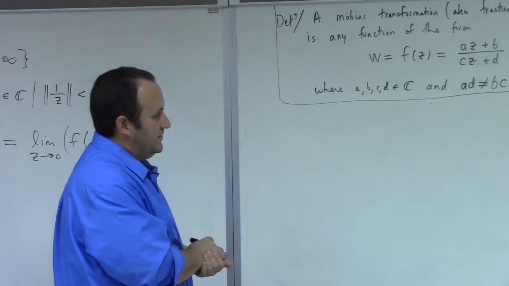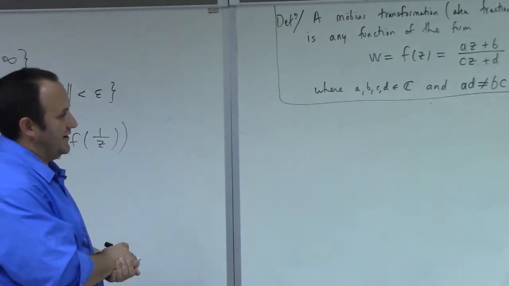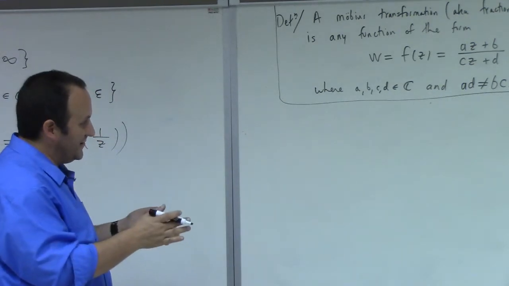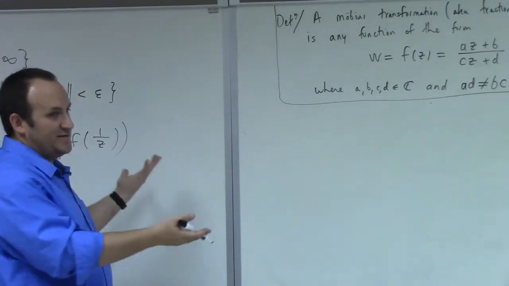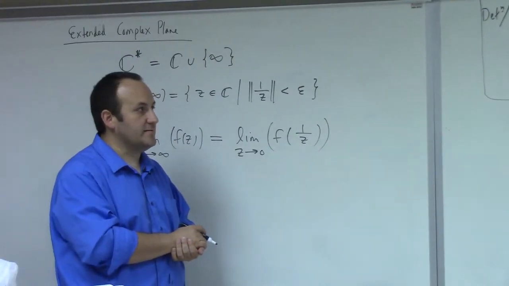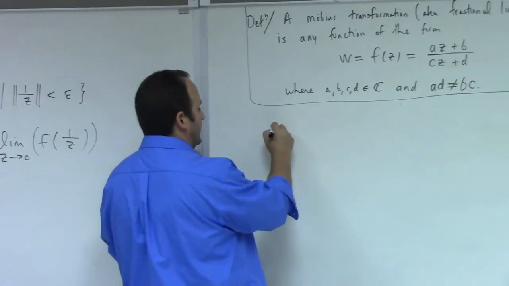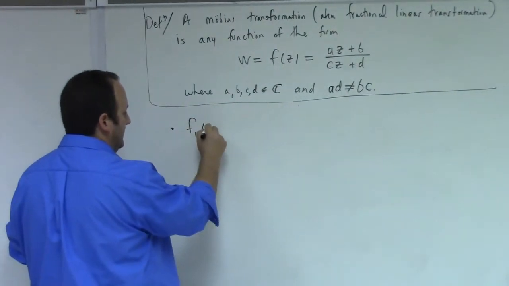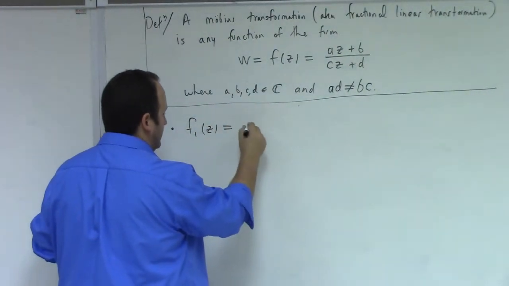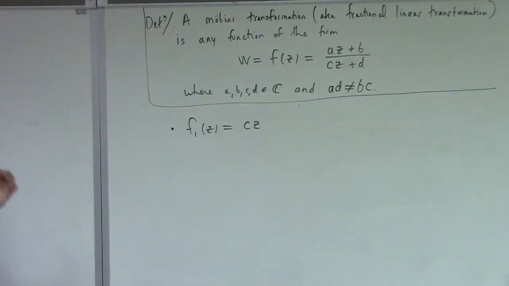So, question. All right, let me regroup a minute here. What is a Mobius transformation? What are we looking at here? It's a composition of a few different things, right? First of all, if we look at f1 of z equal to, say, cz, you know what that is. That's a rotation and a dilation, right?